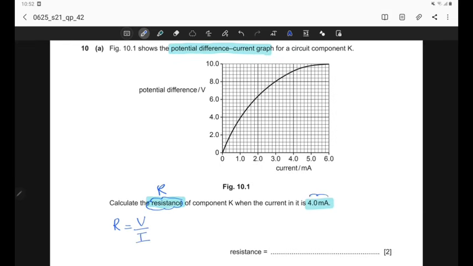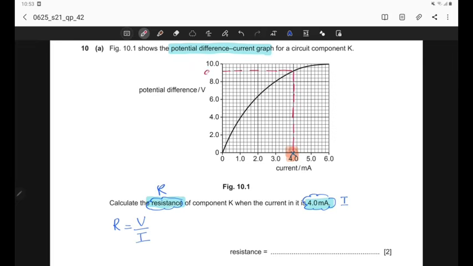The current I is given as 4 milliampere, so we can find its corresponding voltage by extending from 4 milliampere on the graph.